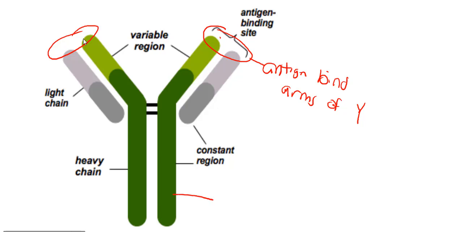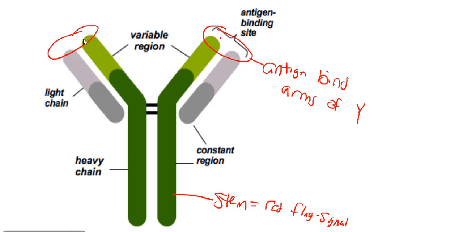This region, the constant region here, is the stem. It's going to serve as a red flag or a signal to let phagocytes know, hey, there's a problem here, I need your help, okay? So this is kind of like the red flag region.